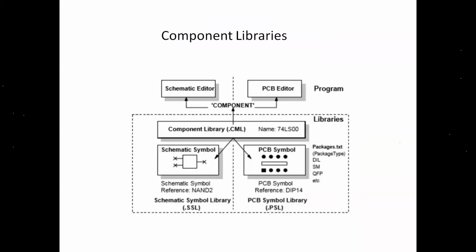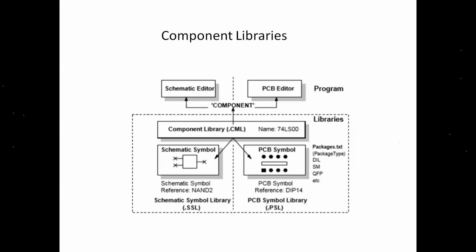As we discussed in the previous slide, each and every component has at least two symbols, that is the schematic symbol and the PCB symbol, of course along with the 3D model. These three correlated together are called a component library.